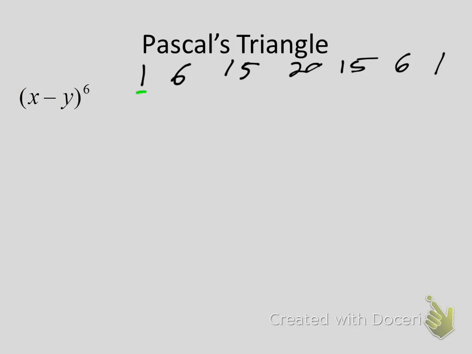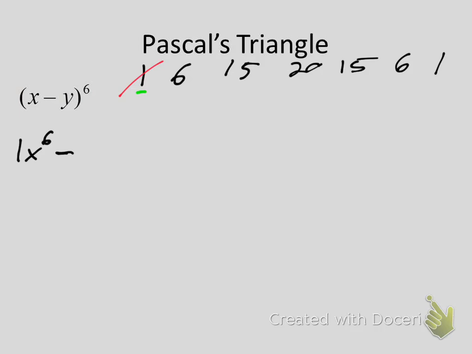So 1x to the 6th. And here's what I would do: when you write them out like that, I would cross it out when you're done with it. Your next sign is going to be a minus. Since this sign's a minus, that'll make this sign a minus. Roll with that.